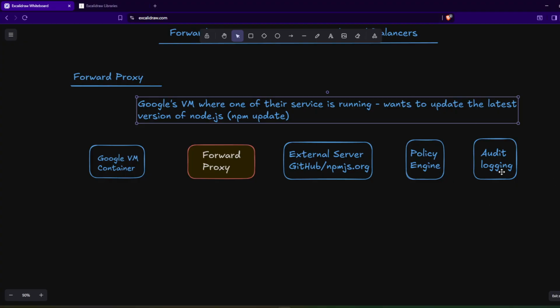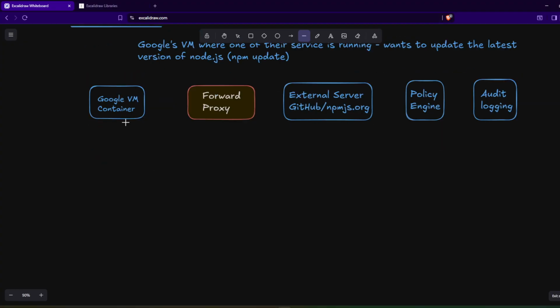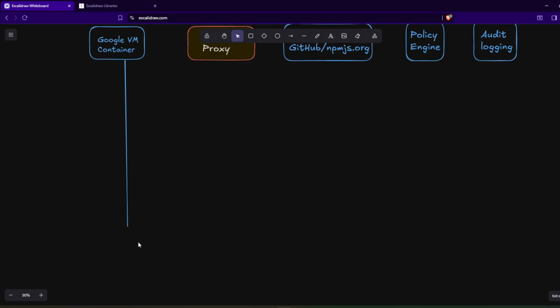Also, in terms of the audit logging, we need to understand whatever is going out from the Google VM container, whatever the traffic, whatever the elements that are there, all of these things need to be logged. So now let's explore this example with more detail. Here we have this forward proxy layer, right?